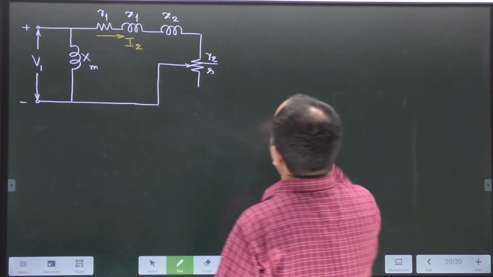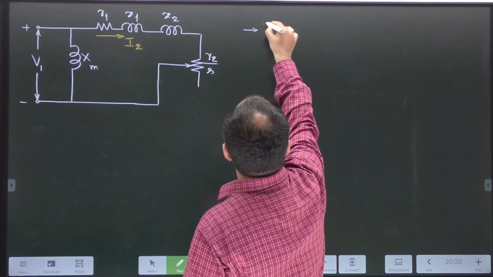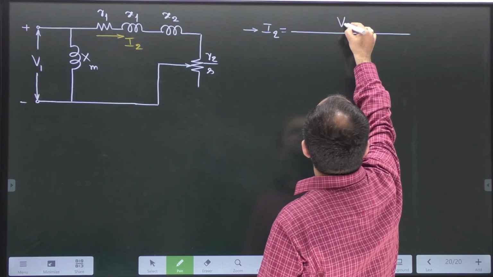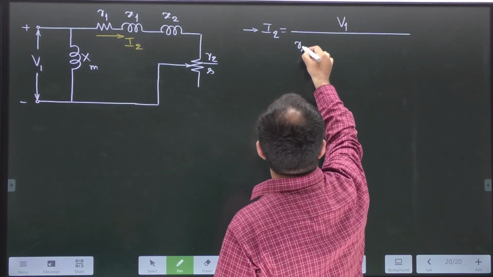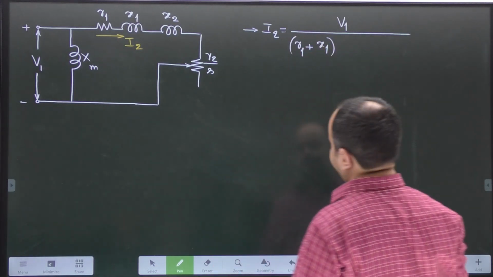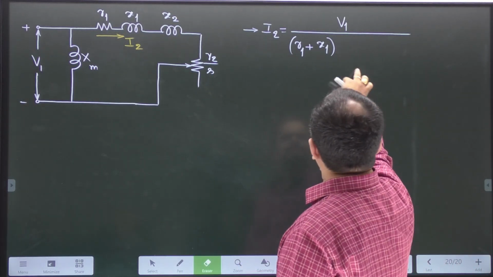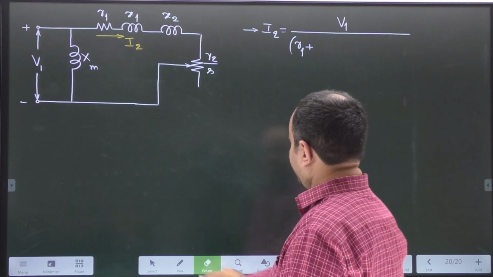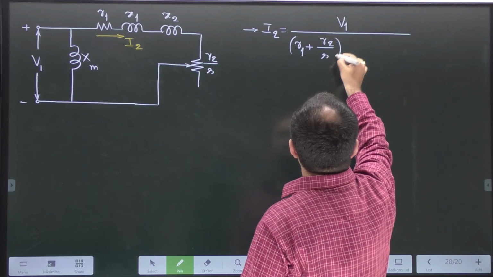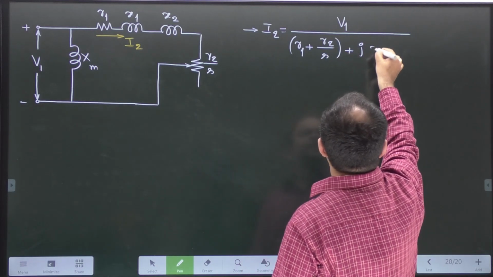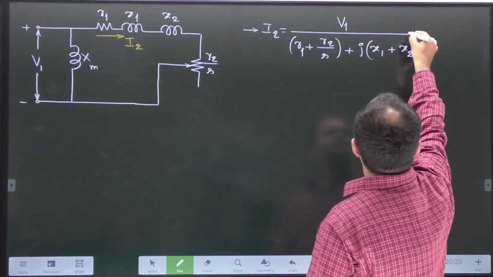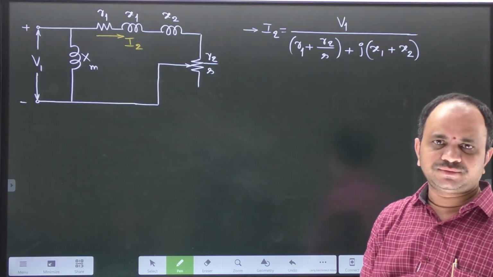Now from this circuit we can define rotor current like this: stator voltage divided by R1 plus R2 by S plus j(X1 plus X2). In the phasor form, we can write it like this.